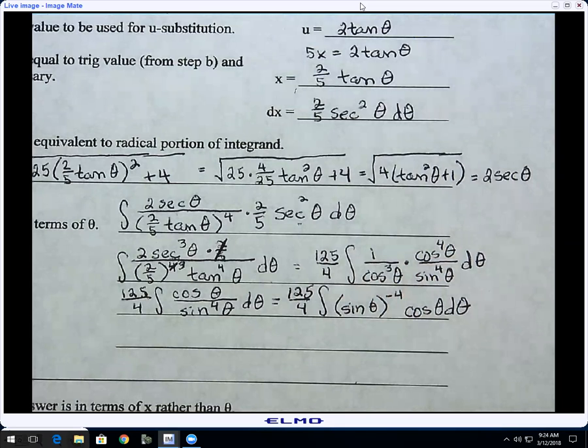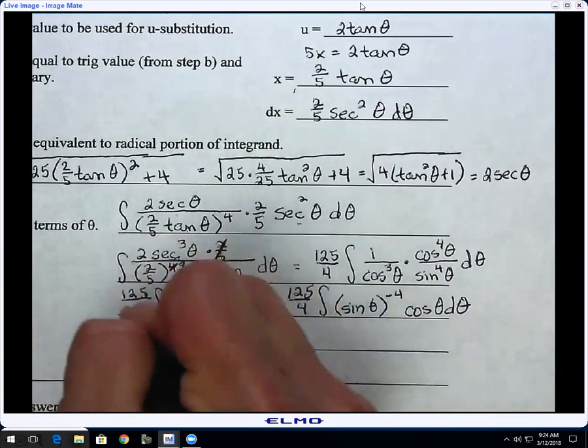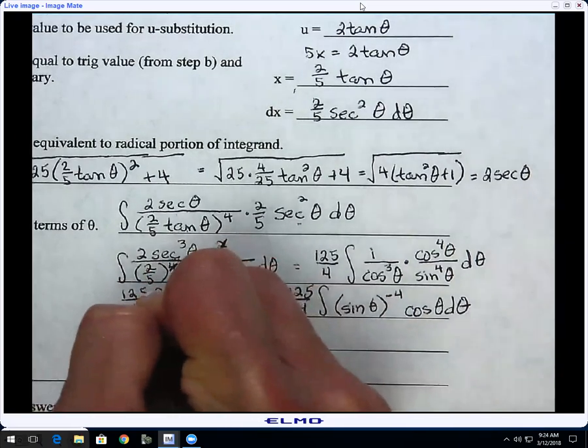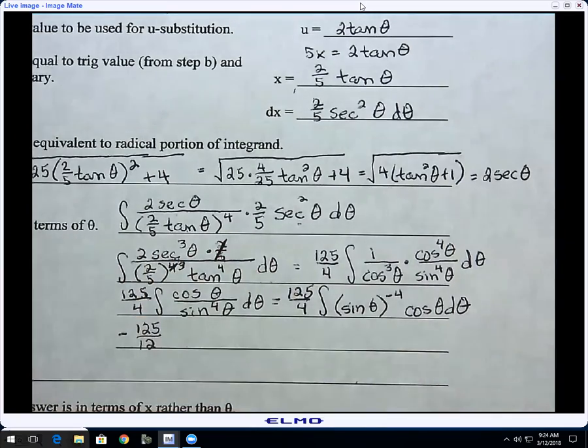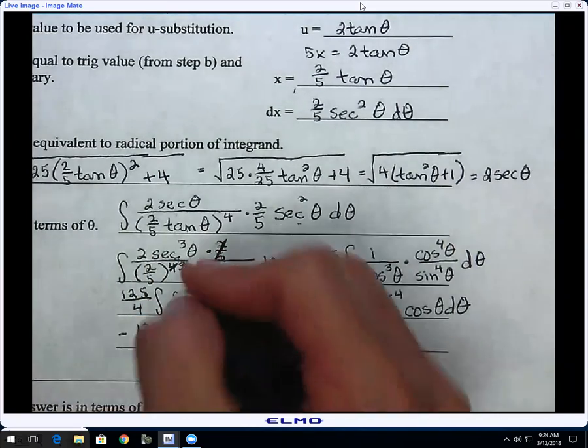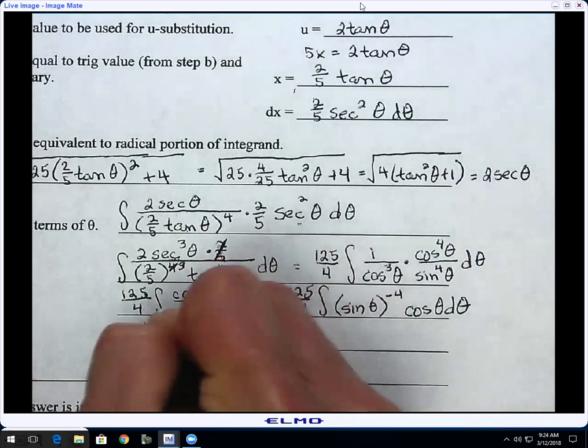And then what does the power rule tell me to do? Add one to the exponent of it. Add 1 to the exponent, that would give me sine theta to the -3, divide by -3, and this is -125/12. Instead of sine to the -3, I could write it 1 over sine cubed.